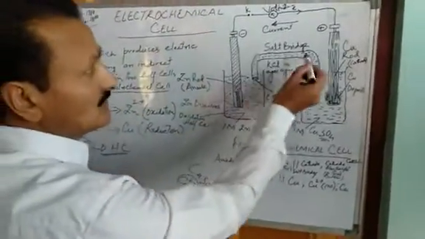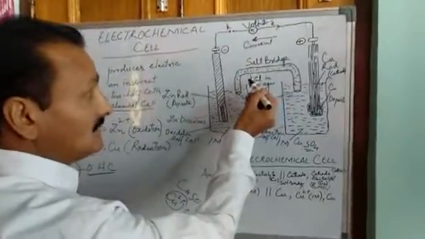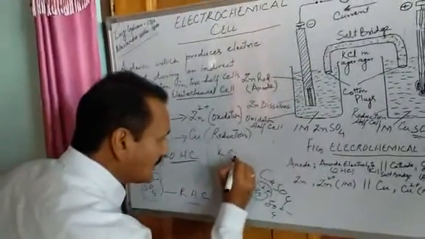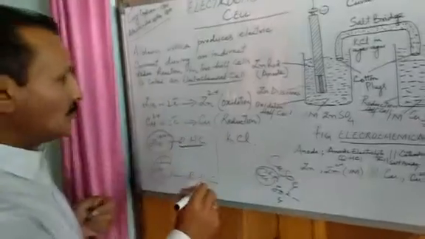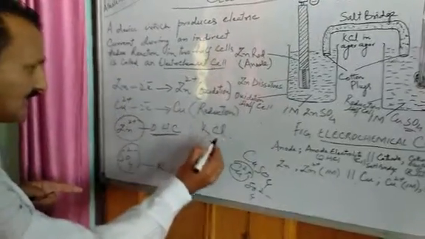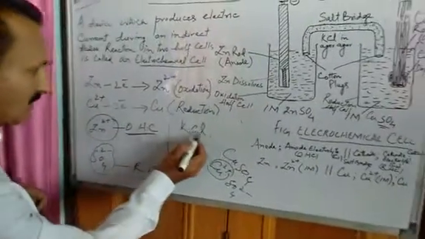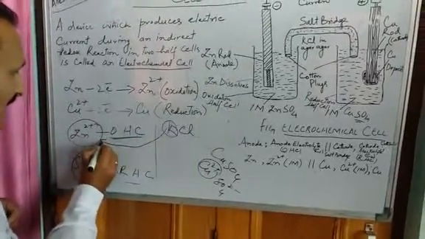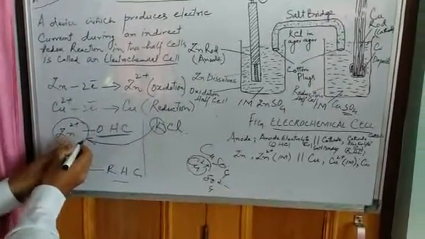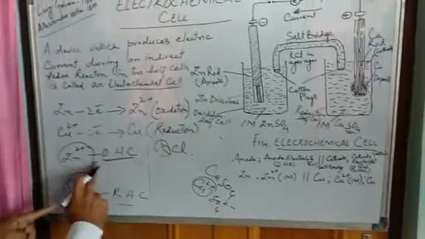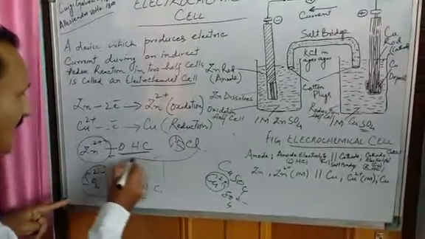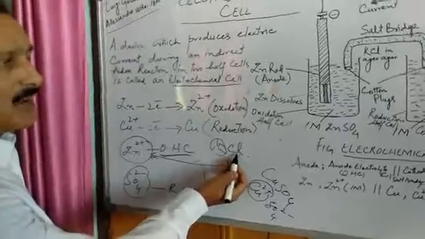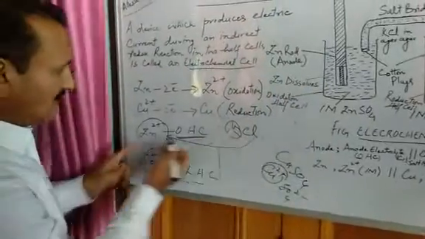Since you know your salt bridge contains a salt, for example in this case KCl. What does this KCl do? In this KCl, the chloride part of the salt bridge will react with zinc.